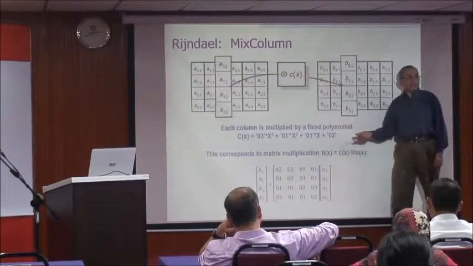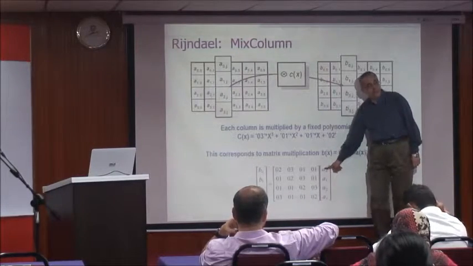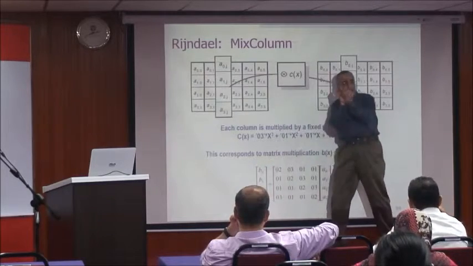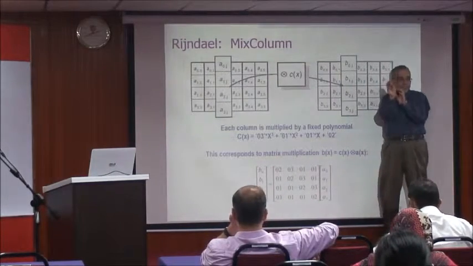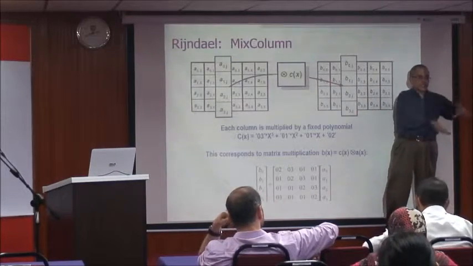So it's an MDS matrix, which means that if I have a 1 byte change in the input, the 4 bytes would have to change in the output. So if you have any little difference in the input to the matrix, all the output of the matrix will change.